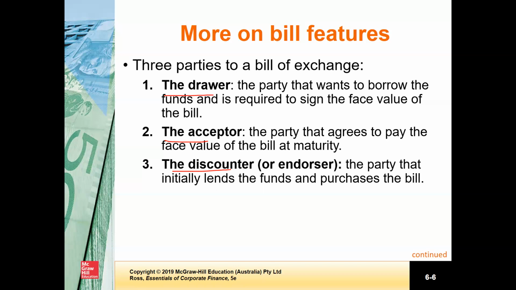Now once a bill is drawn up, the second party is the acceptor. The acceptor is the one who agrees to pay the face value of the bill at maturity. Now you may be confused about why the acceptor is there, since the drawer is raising the money, so should be paying.